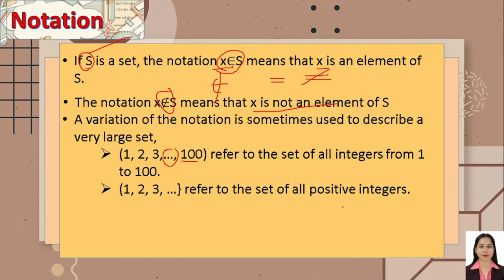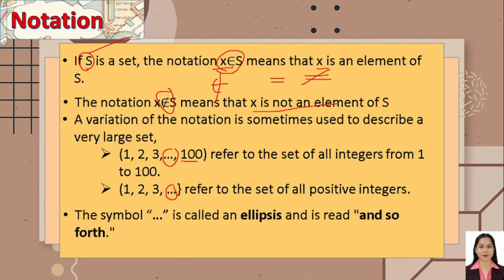Then, this refers to the set of all positive integers. What are the positive integers? We start at 1: 1, 2, 3, and so on. We use this symbol again to represent that the numbers continue. What do we call this symbol? We call it an ellipsis.